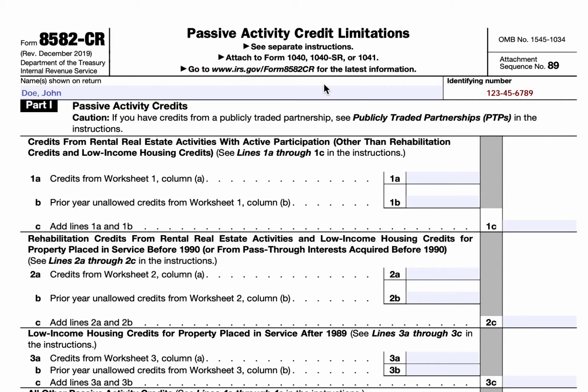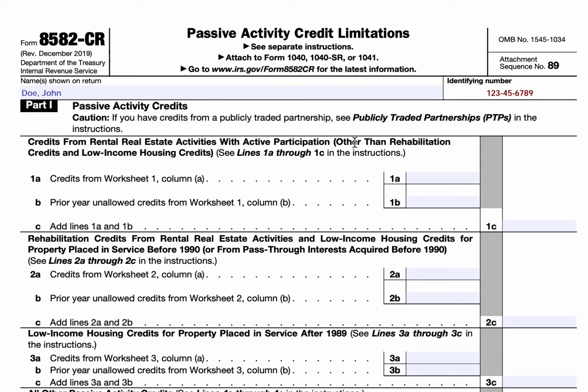Only under certain limited exceptions can you apply either a loss or a credit to ordinary income, but primarily you're mostly able to offset passive activity income, and then you have to carry much of the rest forward. So there are special allowances, and we're going to talk about that.